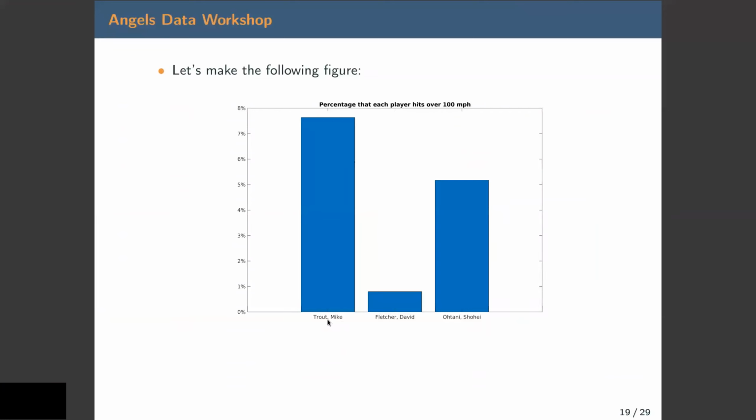You see that Mike Trout hits a ball over 100 miles per hour about 7.5% of the time. David Fletcher, poor guy, he's weak. He's not hitting it very often over 100 miles per hour. And then Shohei Ohtani, about 5% of the time. Okay, so we're going to be doing that.